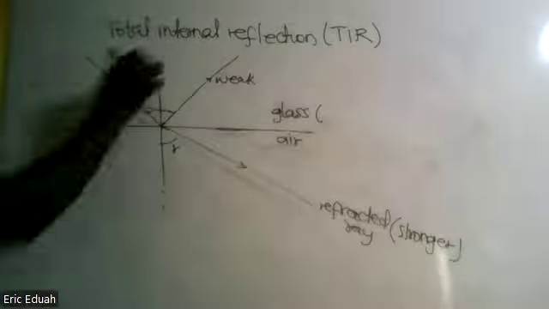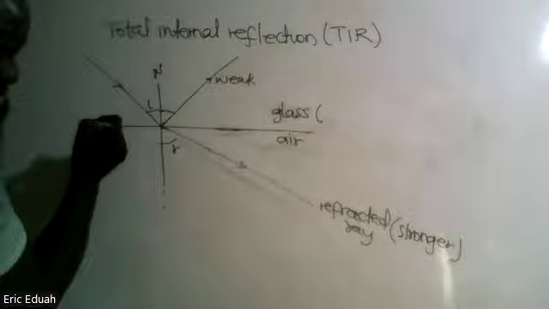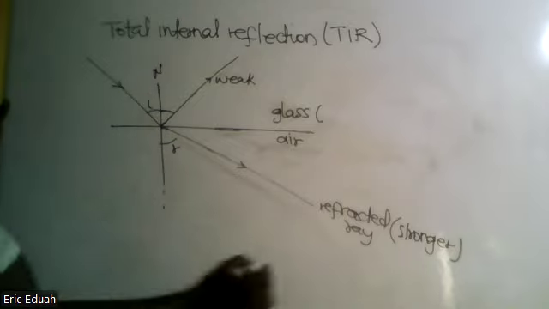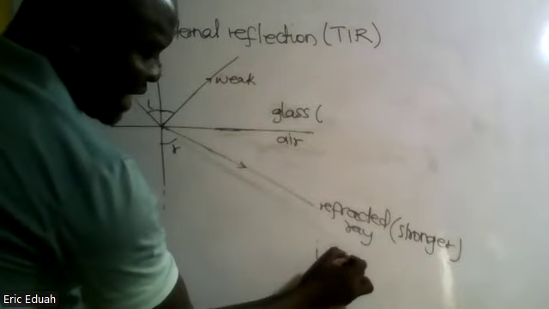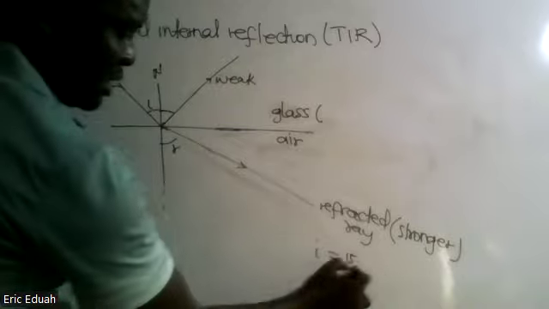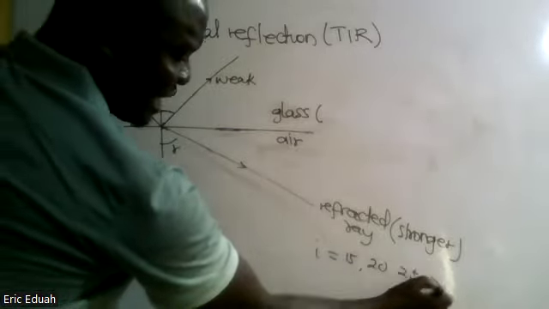This is the normal. Now, as we increase the angle of incidence in the denser medium, maybe initially I is 15, we increase it progressively to 20, 25, 30.